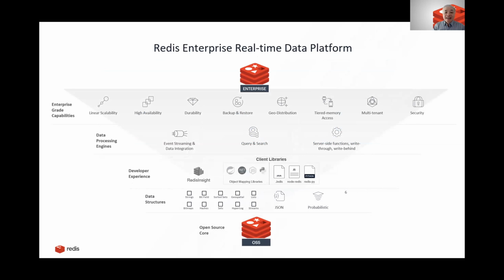So Redis Enterprise layers on top of Redis open source with a number of key enterprise capabilities, including linear scalability, durability, what we are calling active-active geo distribution, and then something called tier memory access, so that enables you to use flash drives or SSDs in addition to actual memory or DRAM. And so really, with the capabilities that Redis Enterprise provides, this ties in to the criticality of fraud detection and why you need an enterprise solution.